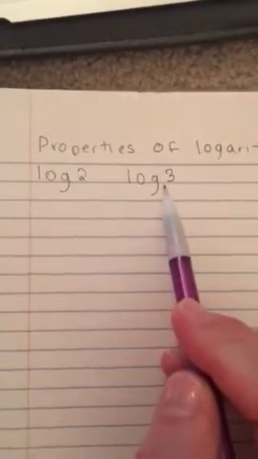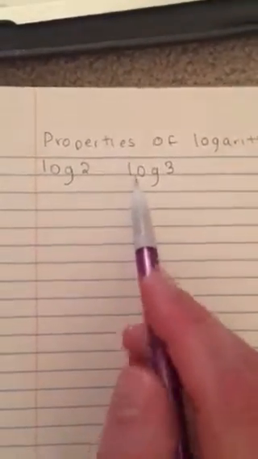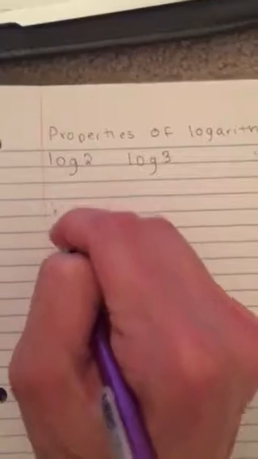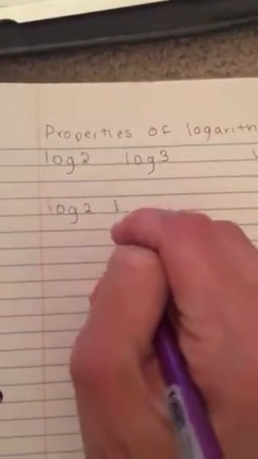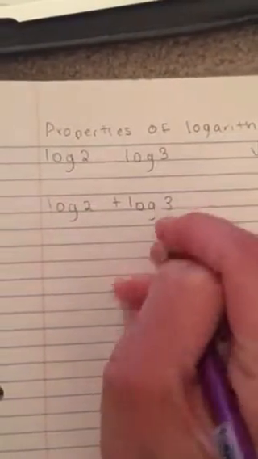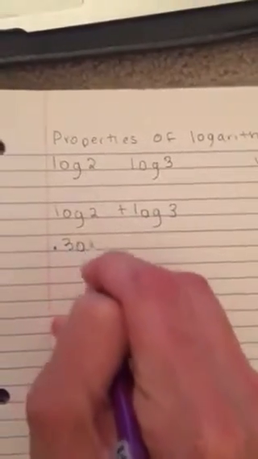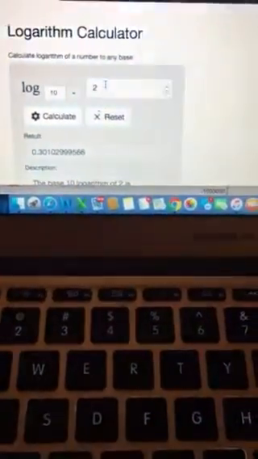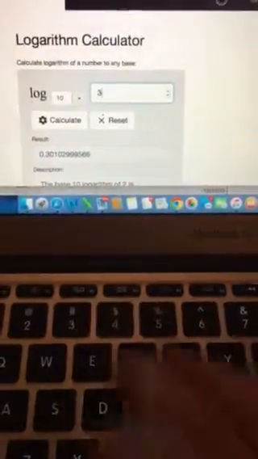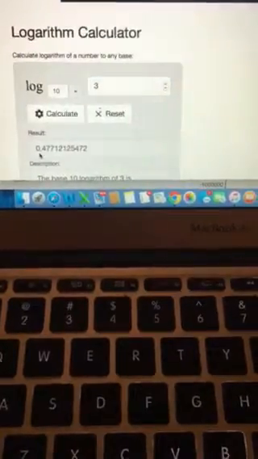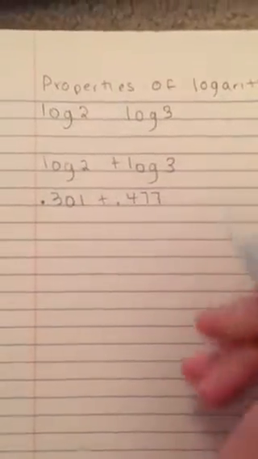Now, what's interesting is that if I add these two logarithms together, so if I add log of 2 plus log of 3, we know log of 2 is 0.301, and log of 3 we can get over here. Log of 3, we calculate on that, is 0.477, plus 0.477.